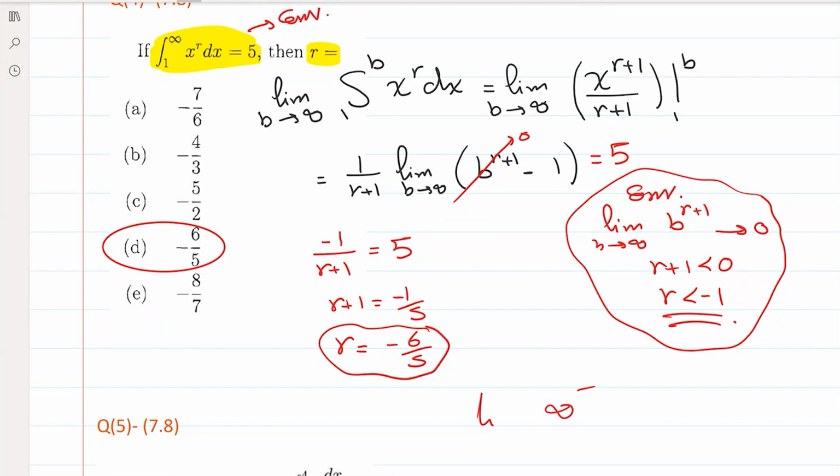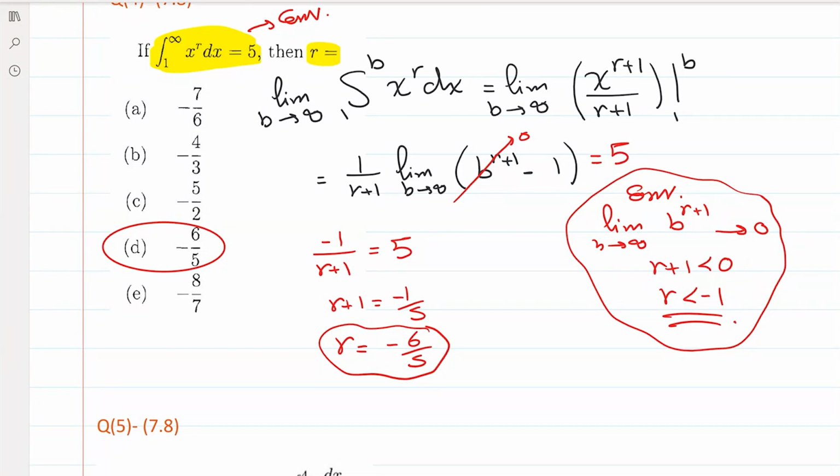Infinity to a number will be 0 if that number is negative, so it is in the denominator. Convergence means the exponent should be negative, so r plus 1 should be less than 0, which means r will be less than minus 1. Is that clear, this small trick?